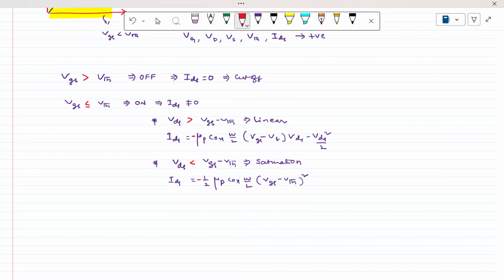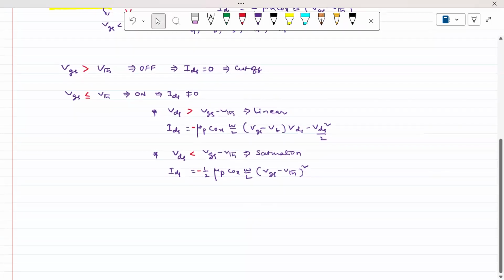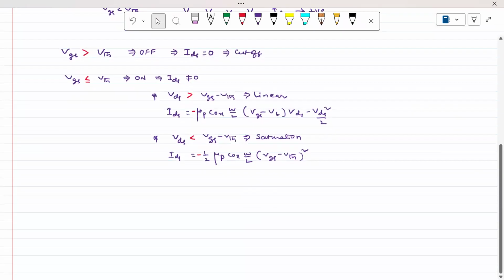VGS is less than VTH, this is on. If it is on, we should say whether it is linear or saturation. When the value is greater than VGS minus VTH, this is in linear. If it is less than VGS minus VTH, saturation. Just it is opposite, that's it. And whatever current we see, that is negative.